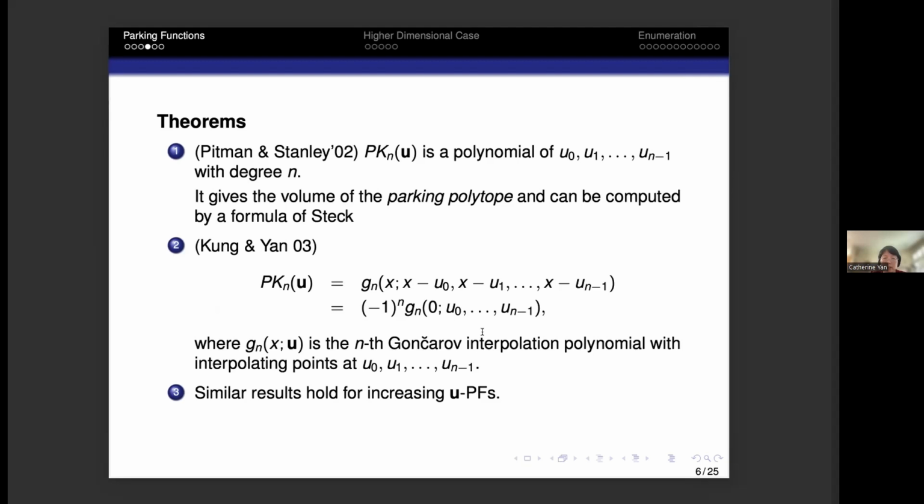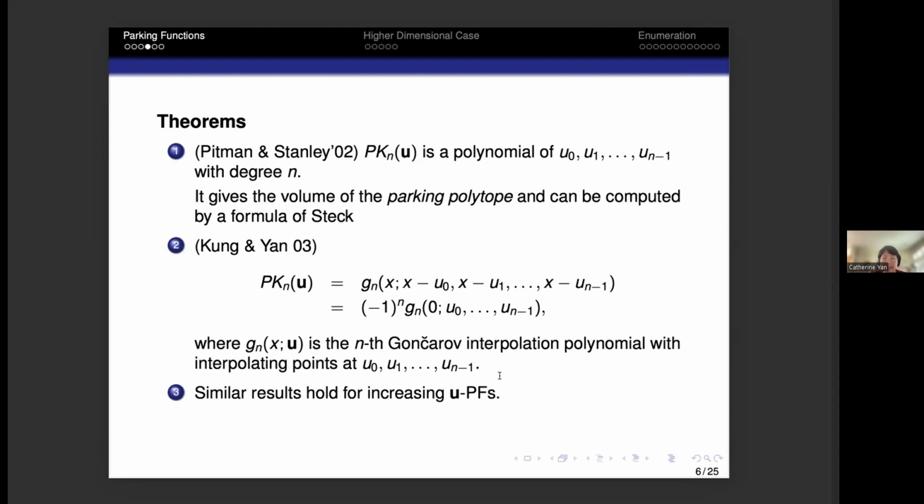A similar result holds for increasing vector parking functions. When I say similar, that means first, the number of increasing U parking functions is also a polynomial depending on U_0, U_1 up to U_{n-1}, and there is a formula in terms of a determinant to compute this value.